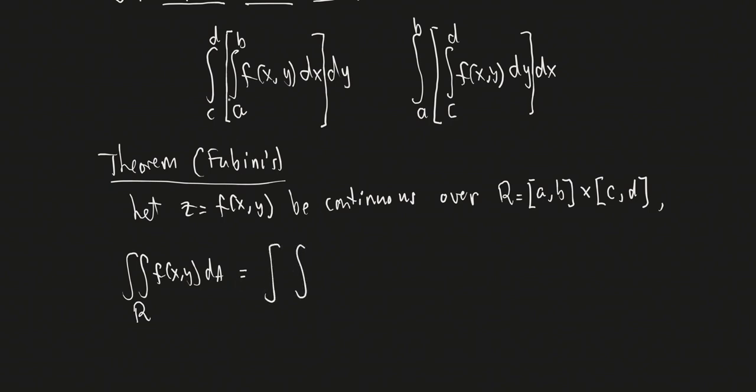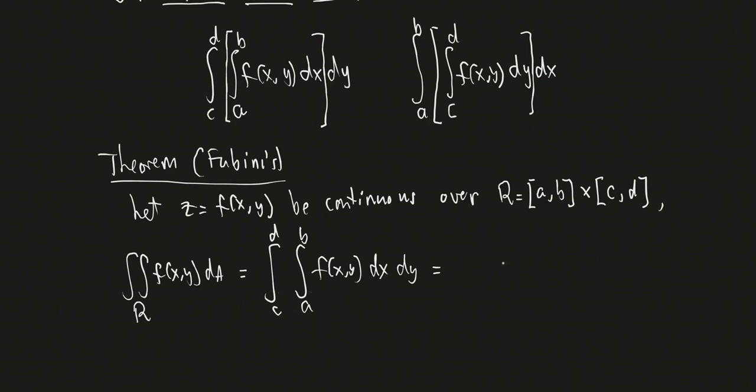And just for now, I'll drop the square brackets, right? But yeah, so you have your surface, and you can choose to integrate with respect to x first, where x goes from a to b. And then after that, we integrate with respect to y, c to d, and we will get the exact same result if we were to change the order of integration, meaning I switch these two differentials and I switch my limits.